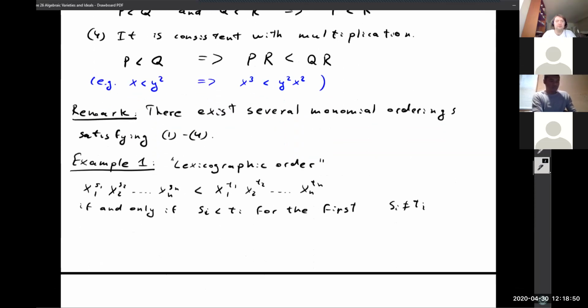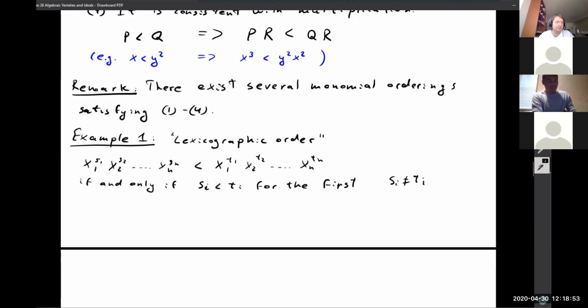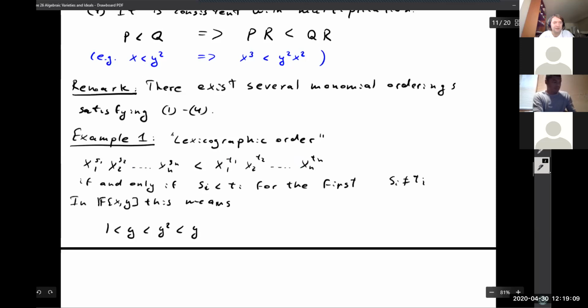For polynomials in 2 variables, this means that 1 is subleading to y, is subleading to y squared, is subleading to y cubed, etc. And all powers of y altogether, no matter how large, are subleading to x, subleading to xy, subleading to x y squared, etc. And all of them are subleading to x squared.